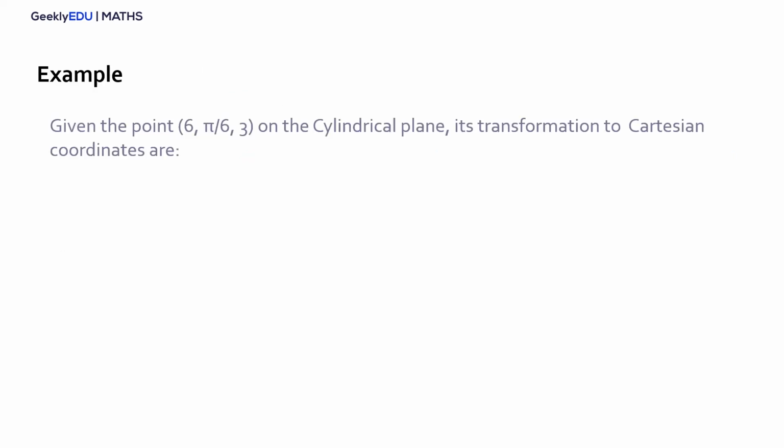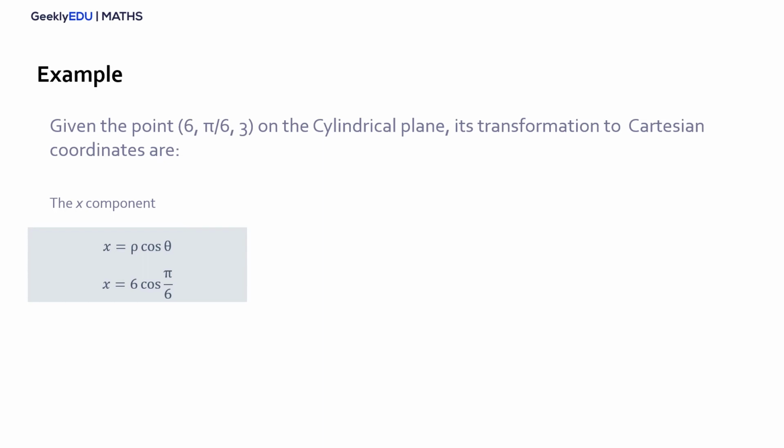Now let's solve an example together. We want to know a point that we have in cylindrical coordinates, 6, pi divided by 6, 3, and we want to know this same point in Cartesian coordinates. To find the x component, we are going to use the formula that we got before. x is equal to ρ cosine of θ, and by substituting the values of this point, we have x is equal to 6 multiplying the cosine of pi divided by 6.